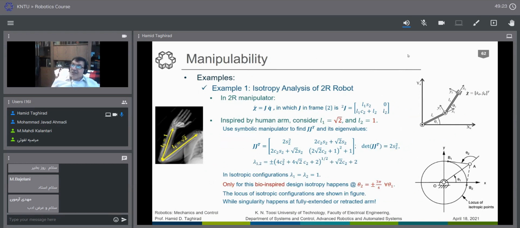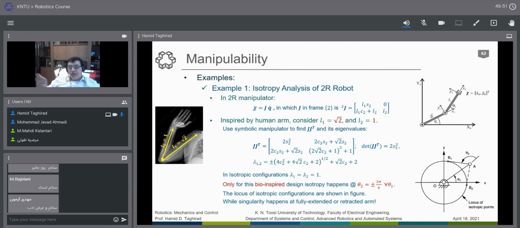We use the Jacobian defined in the second frame, which was much easier for our calculation here. And as you saw before, this was singular when we had a fully extended arm or a fully retracted arm. In both cases, S2 is equal to 0 or pi.